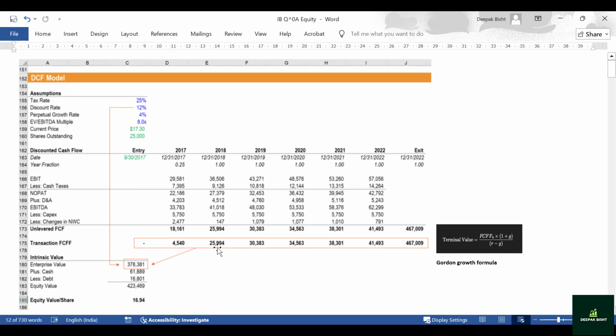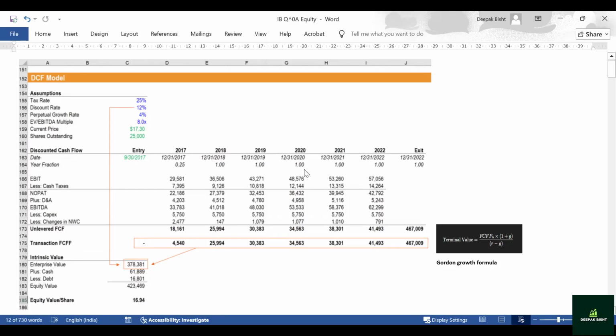These numbers are one year and one quarter away. So that's why the discounting factor in the normal period will be 1.25. This will be 2.25. This period we will be discounting it by 3.25, 4.25, 5.25.